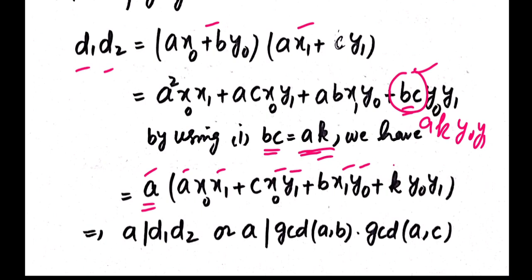So the remaining is k times y0 times y1. As x0, x1, y0, y1, A, B, C, k are all integers, and you know the sum of products of integers is always an integer.